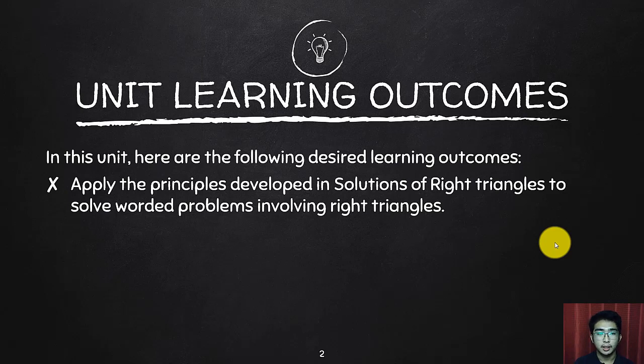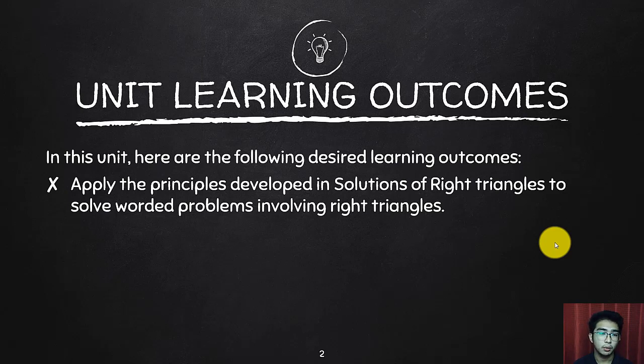Okay, so we're done with the solutions of right triangles, wherein we use the 6 trigonometric functions and the Pythagorean theorem to completely solve the missing properties or quantities in a right triangle. Those problems were merely a given angle and a given side for a triangle, and we solved for the other unknown parts.